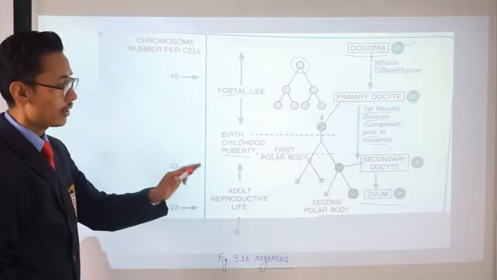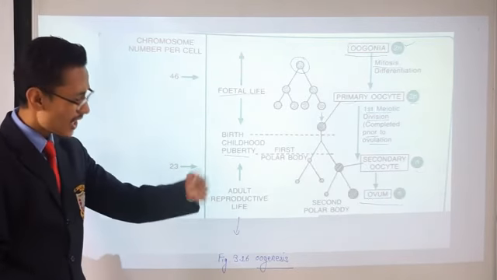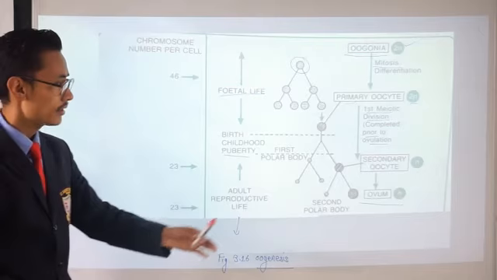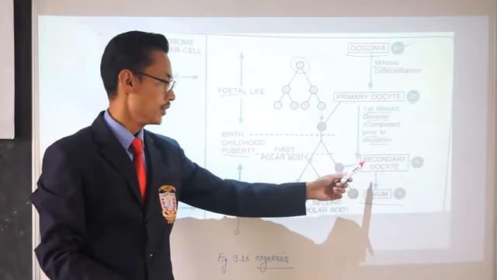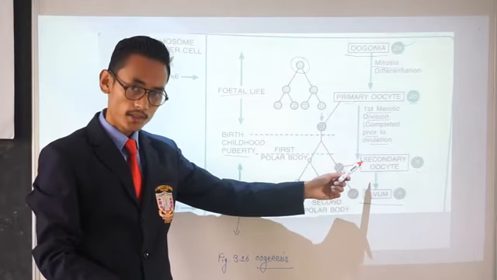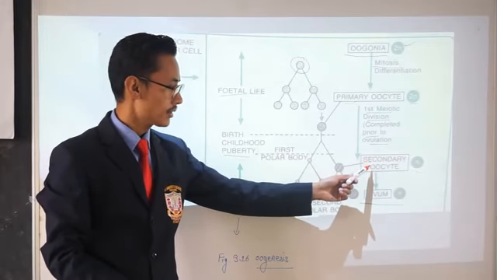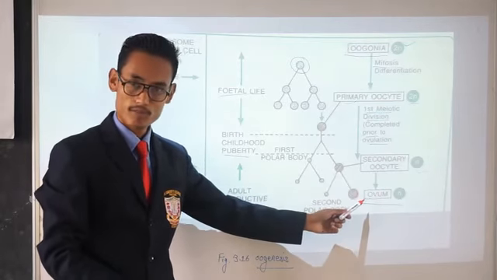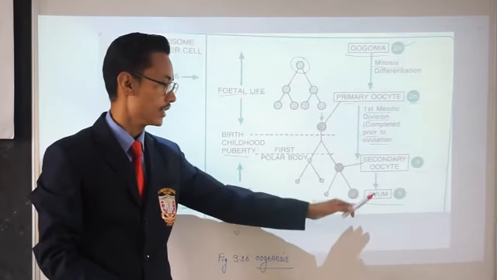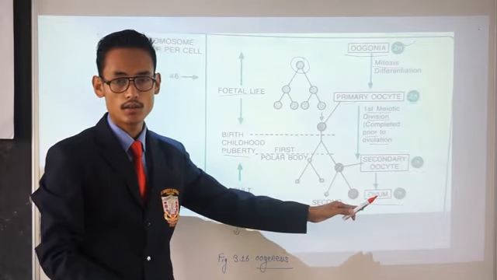The ovum from the Graafian follicle will be released only at the secondary oocyte stage. Clear? So to ensure fertilization, when the sperm enters, the secondary oocyte will complete the second meiotic division and form the ovum. Only now do we call it the ovum, or the oocyte, or the egg.